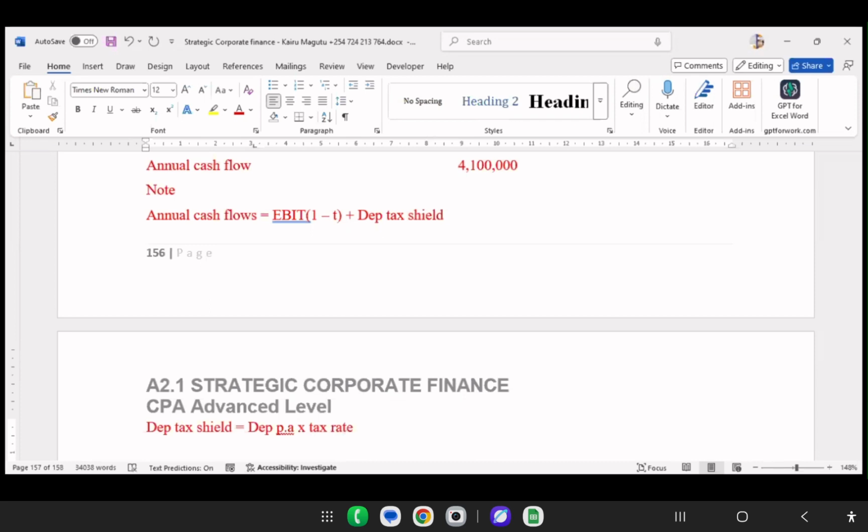So can we therefore say that annual cash flow is equal to the earnings before depreciation and tax, 5 million. We multiply by, open a bracket, 1 minus 0.7. Then this one we add depreciation, which is, sorry, depreciation was 2 million.